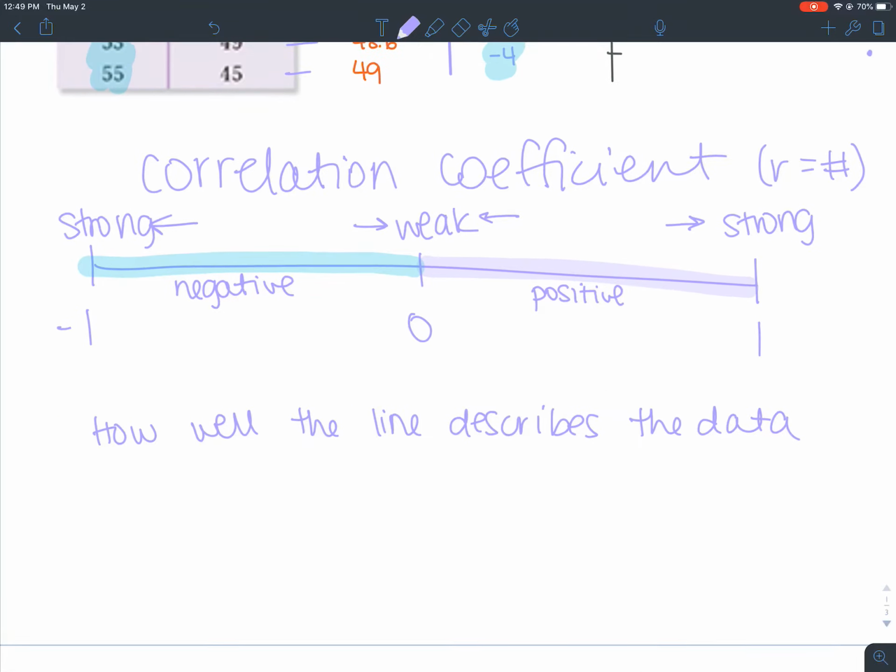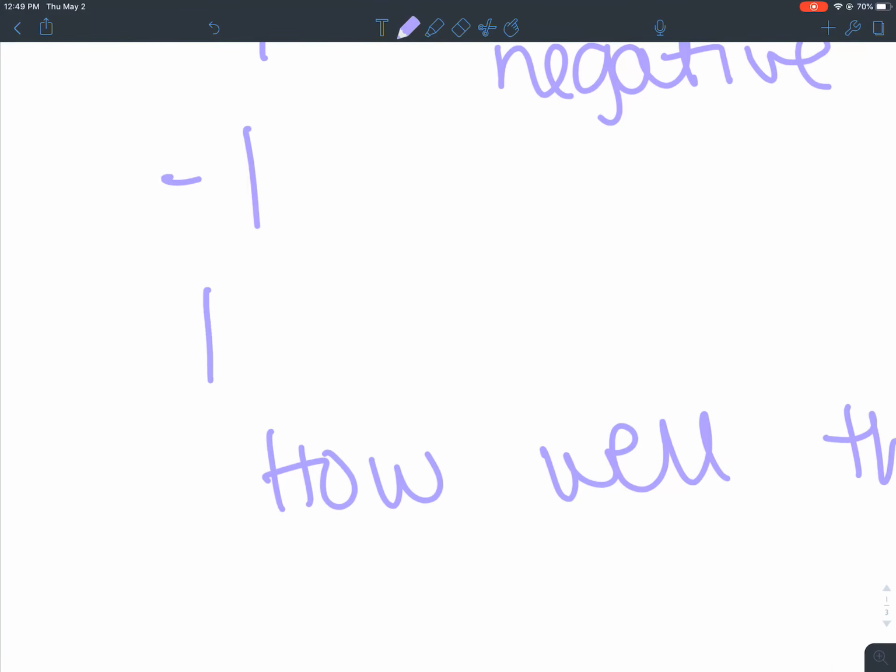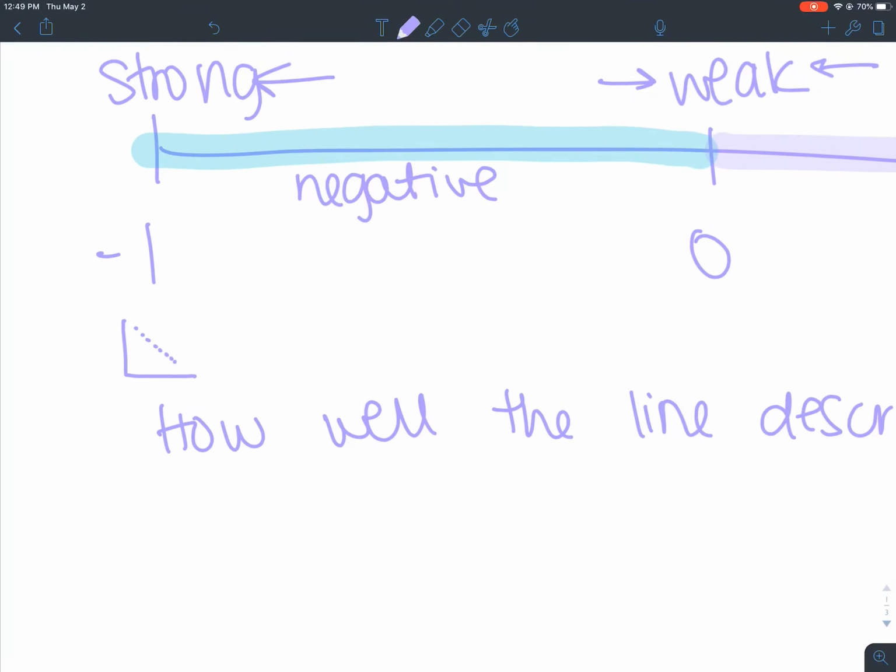So what that means is if we looked at a graph that had -1, it means that they're all in a straight line with a negative slope. A slightly less obvious one would be they're all going down this way, but they're not all in a straight line. So that would be like an R coefficient or a correlation coefficient of negative 0.7.